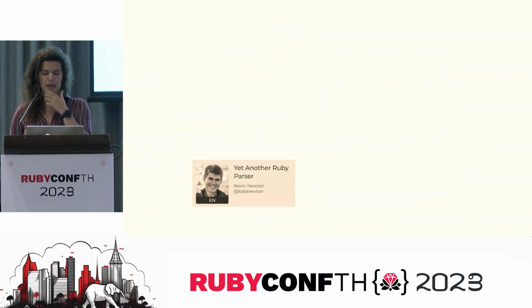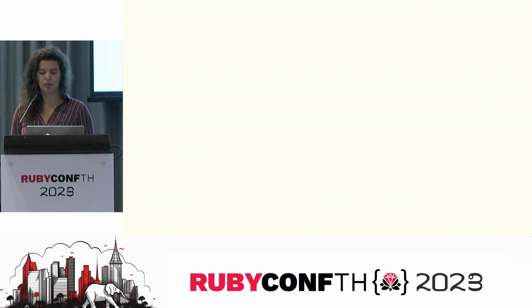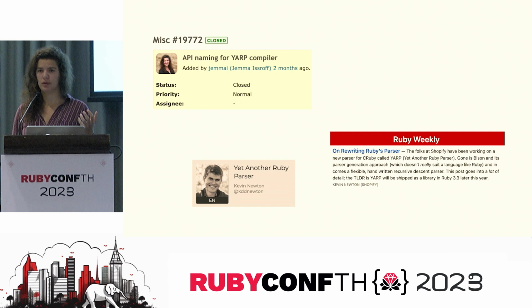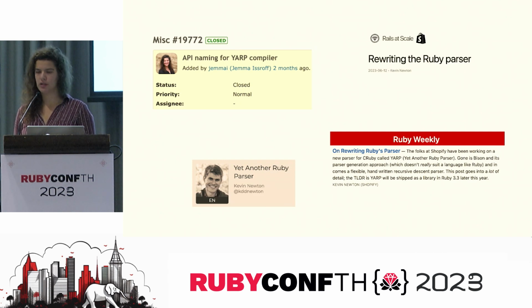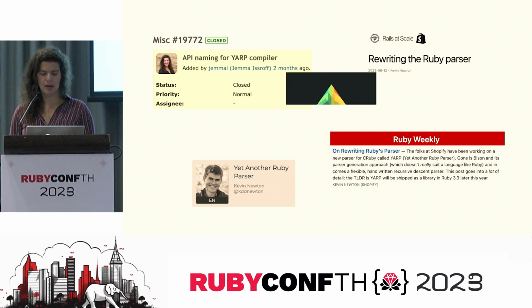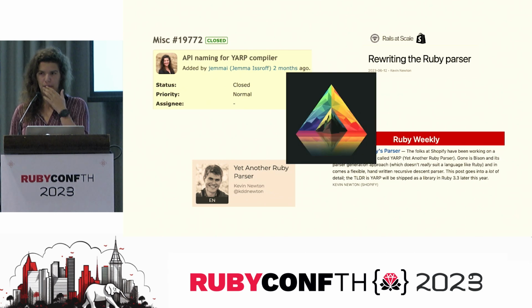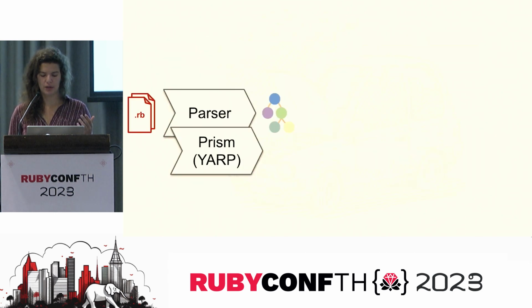I've been working on it. Kevin Newton ideated it and has been really leading the charge on it, and he gave a talk at RubyConfTH about it. You might have seen it in Ruby Weekly, or on Ruby's bug tracker in various ways, or on certain blogs. And these are all talking about Prism, this new parser.